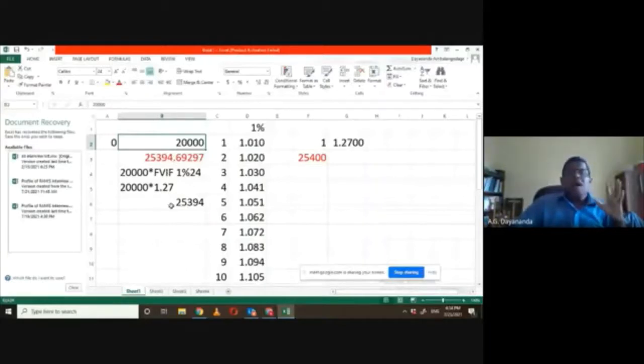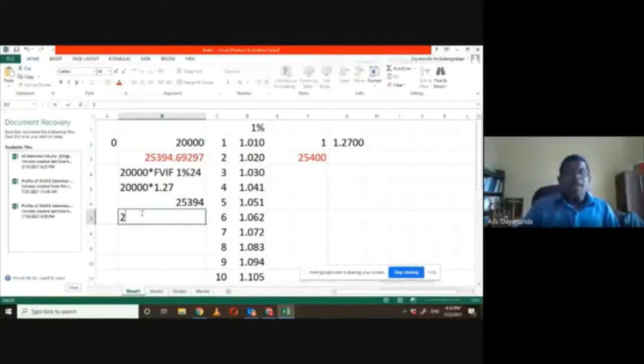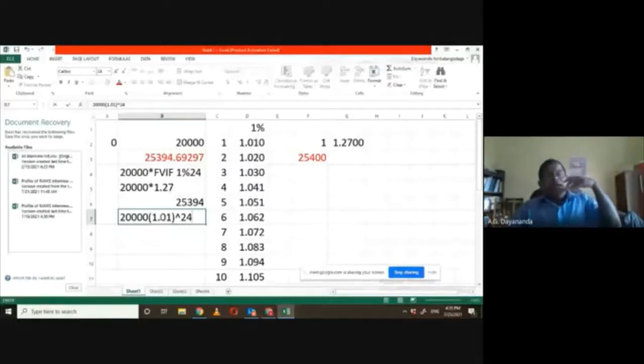For example, we write 20,000 times 1 plus, in this case I think the interest rate is 1%, to the power of 24. So your question is why we multiply by 1 plus r. 1 plus r means we want to calculate the year end balance, or the second year end balance.